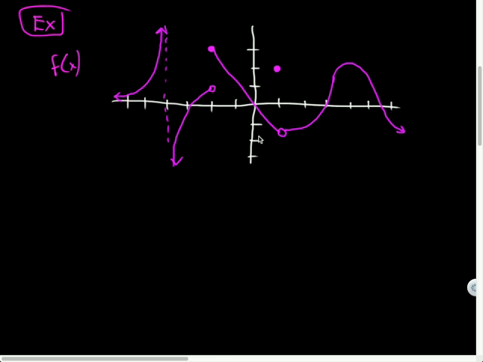Well, this might be a single polynomial. It could exist. But anyways, regardless, let's start with something easy. 1, 2, 3, 4. Let's find the limit as x approaches 4 of f of x.